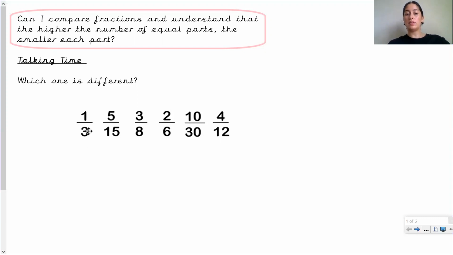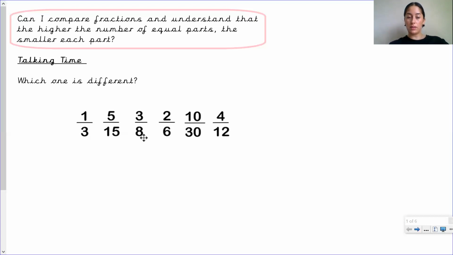Let me check to see whether all of them are in the 3 times table. Is 15 in the 3 times table? Yes, because 3 times 5 equals 15. So if I was to multiply this by 5, let me see if my numerators would work out as well. 1 times 5 is also equal to 5, so these are equal.